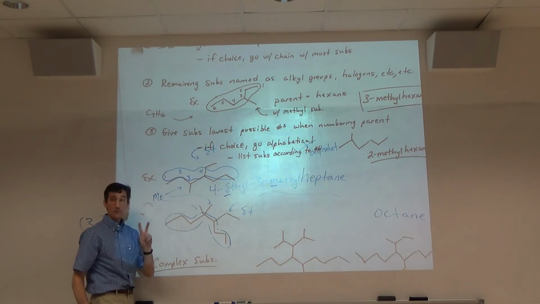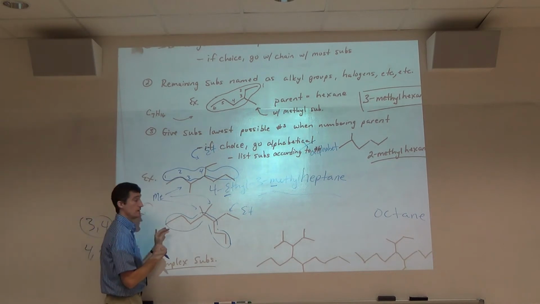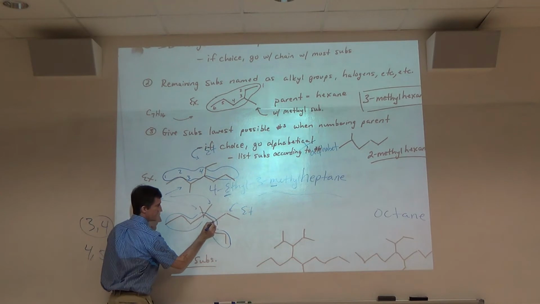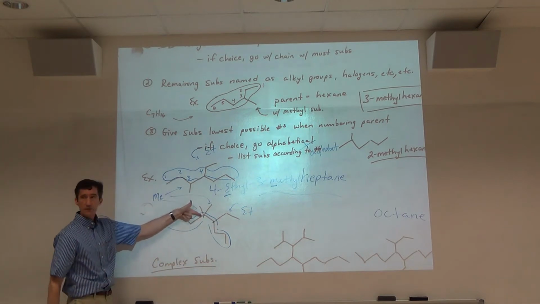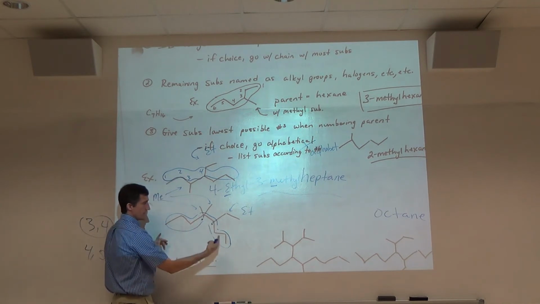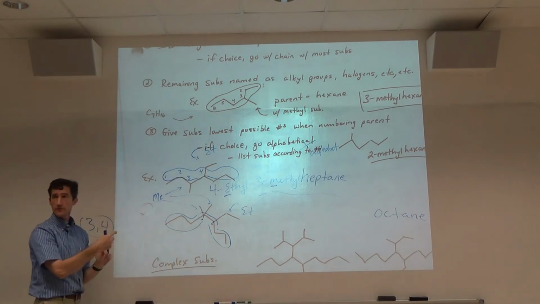There's 2 methyls. There's 3 subs, really. If we come this way, it's 4, 5, and 2 subs are at the 4. If we come this way, it's 4, 5, but the 2 subs are not at the 4, but at the 5. Would you rather have the 2 subs at the 4 or the 5?